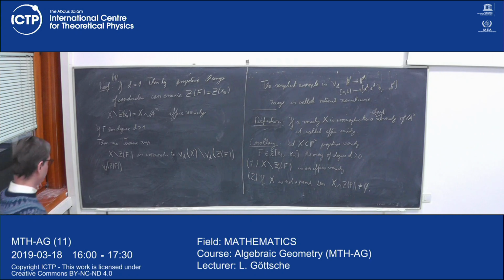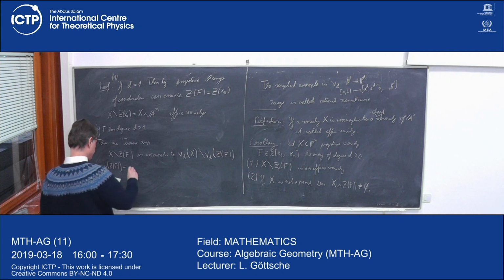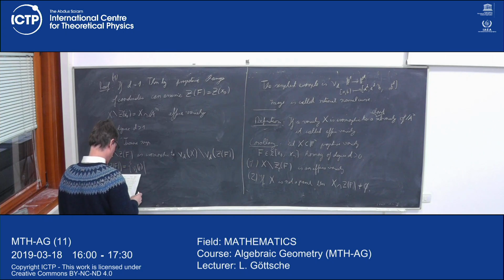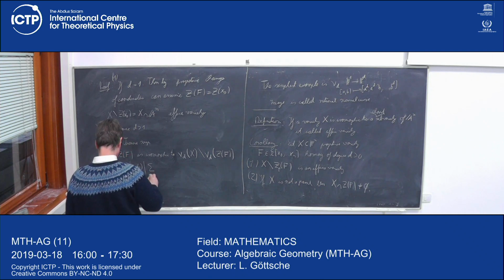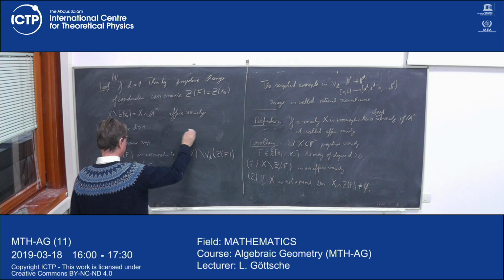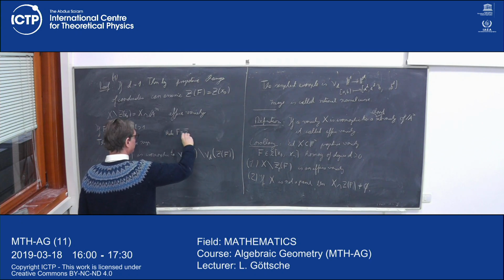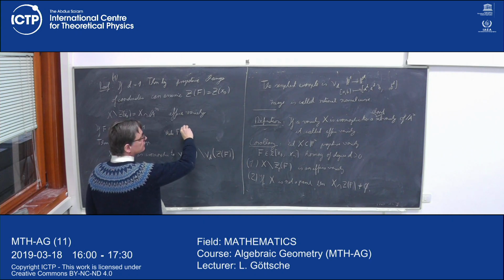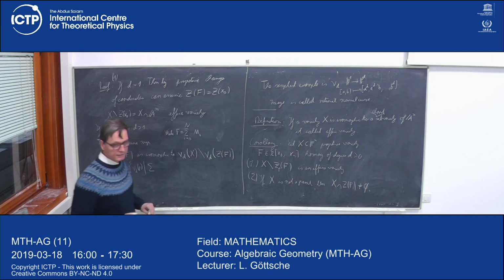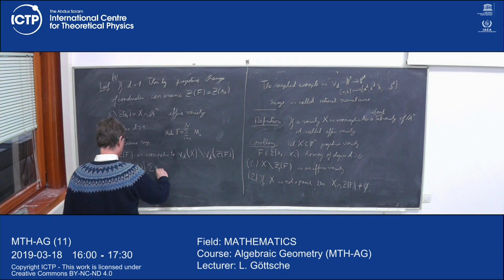This is equal to the set of all points which lie in the image of the Veronese map such that, if I write F equal to the sum over i of a_i m_i, where the m_i are these monomials, applied to p.